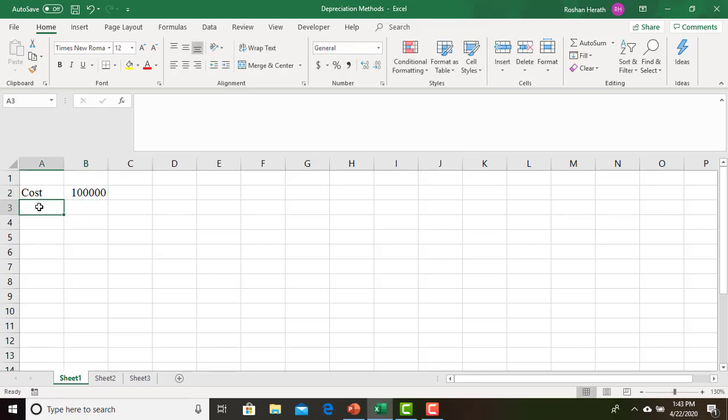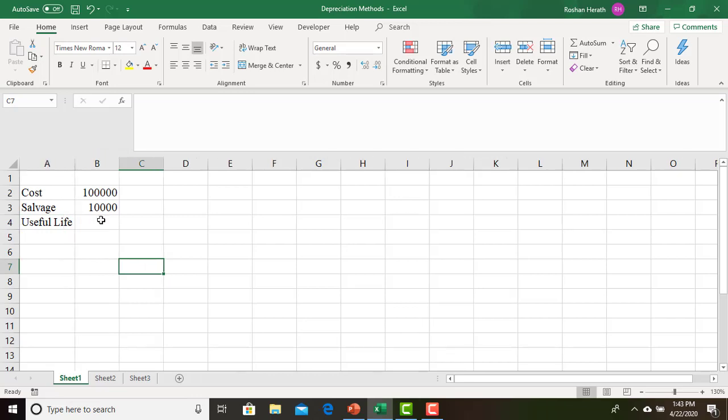Then the second information, that is called the residual value or the salvage. The salvage, it was 10,000 rupees. Then it talks about the useful life, and that was 10 years. So those are the information that is being provided.